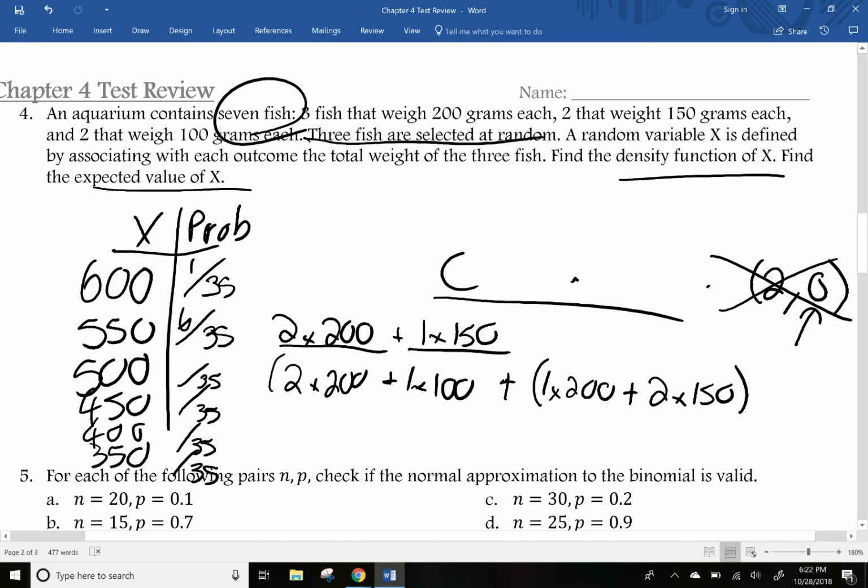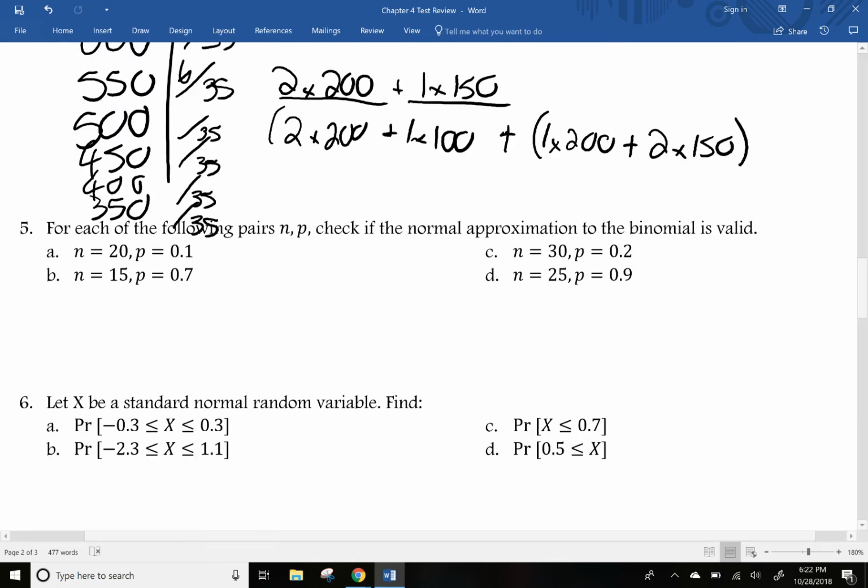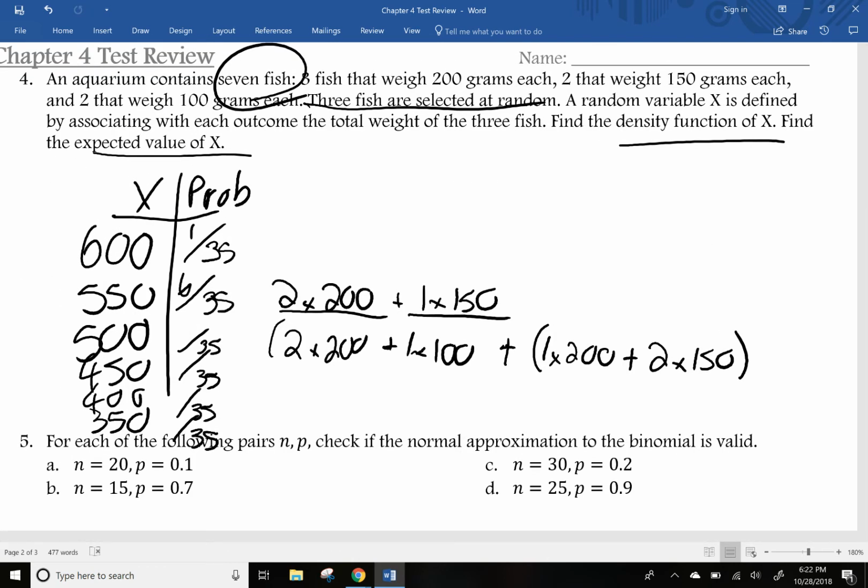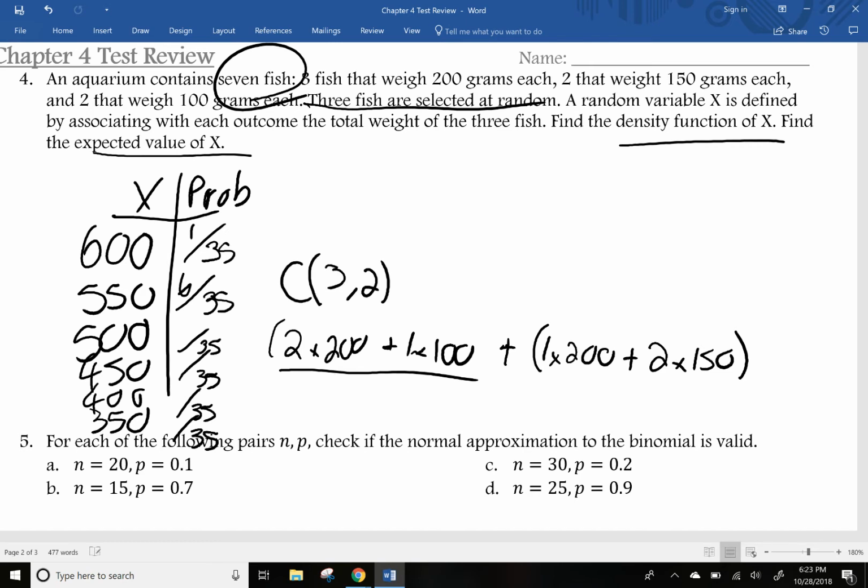Now this is the hard part of the problem, the 500, because 500 occurs 2 different ways. So we're going to have to add them both up. I've already written those 2 different ways because I didn't want to forget them. 2 200-gram fish, that's a combination of 3 choosing 2 of those, and then I'm multiplying it with the combination of the 100-gram fish, there are 2 of them, and you're choosing 1.